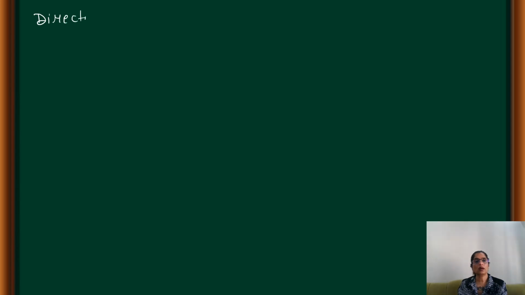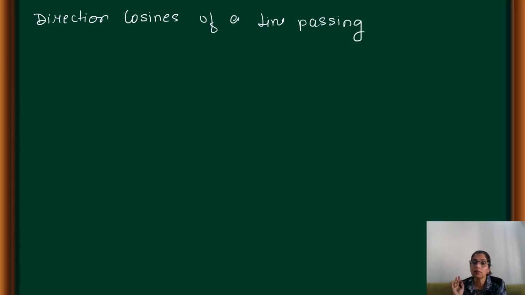What are the direction cosines of a line passing through 2 points? Now understand, a line passes through 2 points, but at the same time a line passes through infinite points as well.